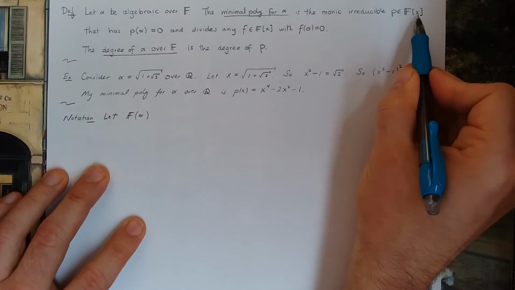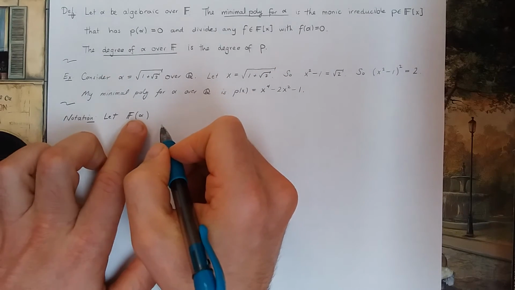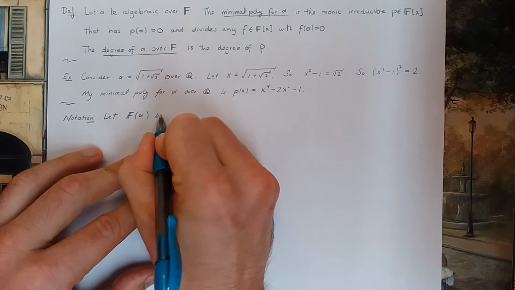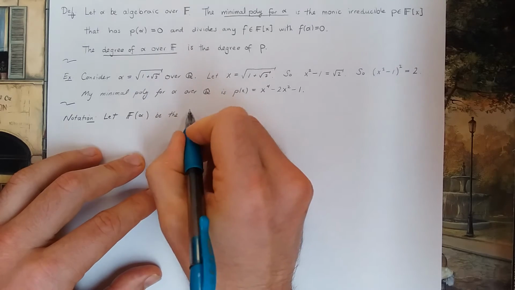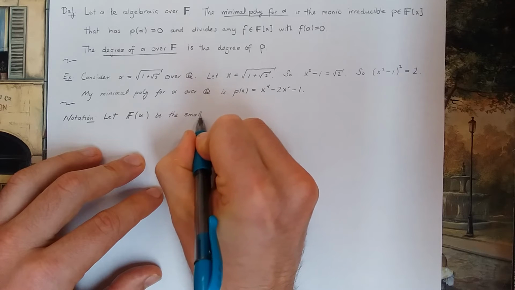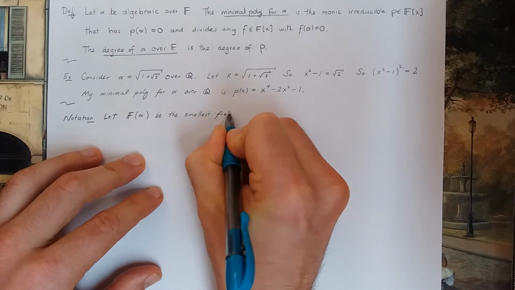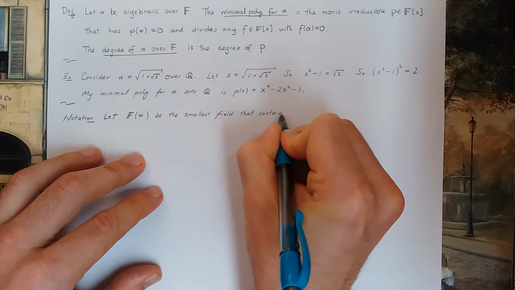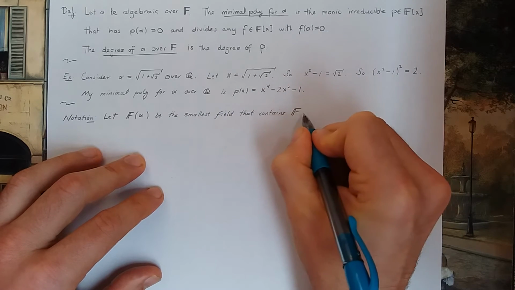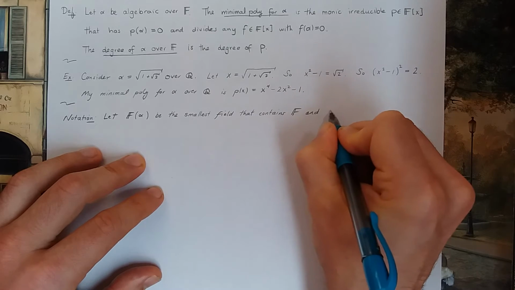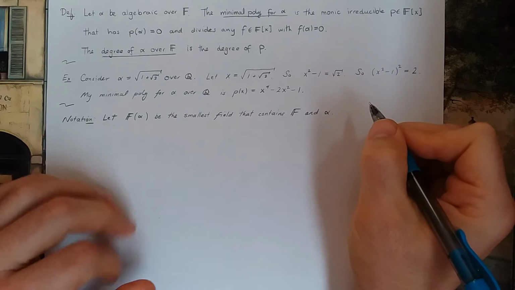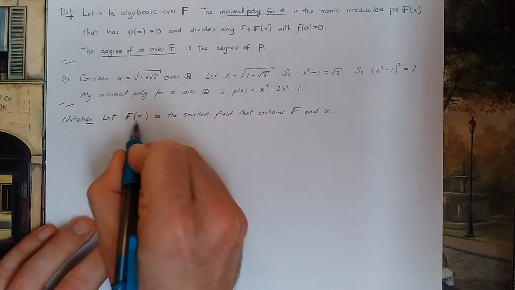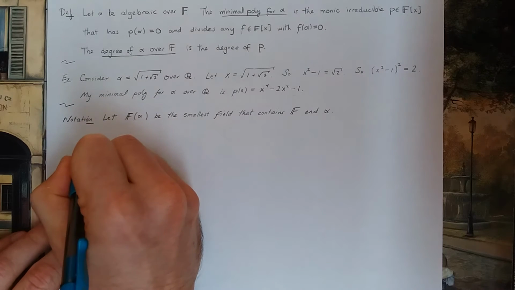We've seen brackets to denote polynomials, but when I have parentheses, what that's going to mean is this is the smallest field that contains both the elements in your field and alpha. So there are two cases to consider. So when I write this notation down, I'm thinking one of two things.